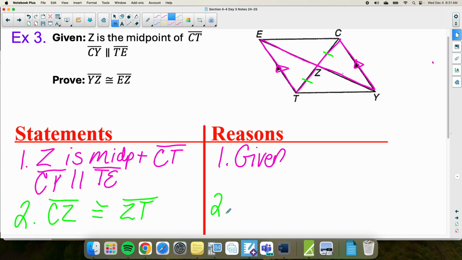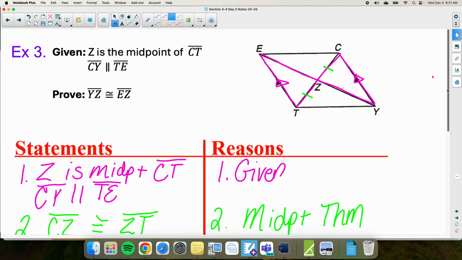And do you guys remember what it's called if you have a midpoint? Midpoint theorem. Make sure you put the theorem for that. And remember, you have that cheat sheet which has all the steps, so you can always be looking at that.